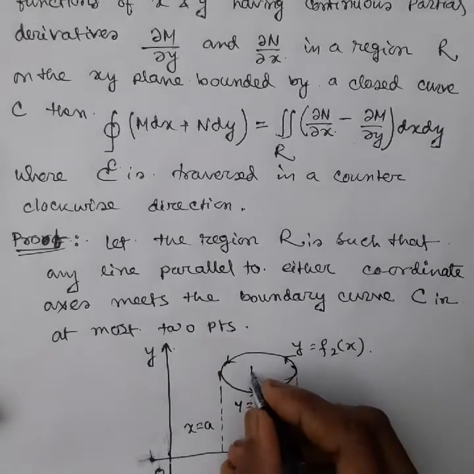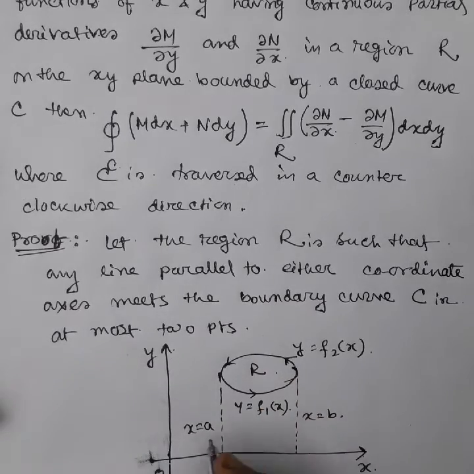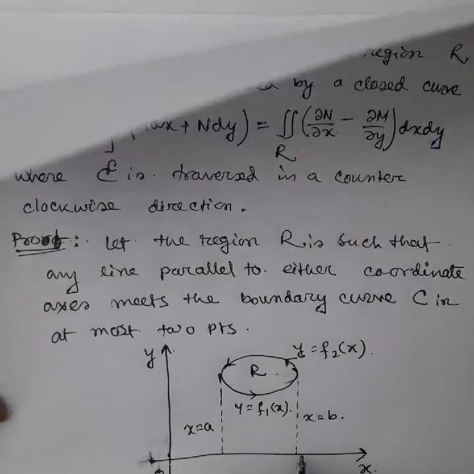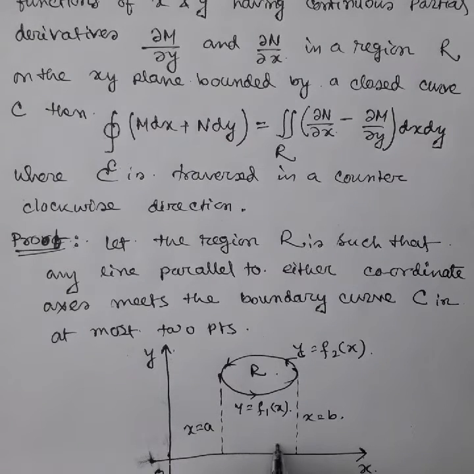So this is the region here. There are two curves, y equals f1(x) and y equals f2(x), and this is the point x equals a and this is the point x equals b.